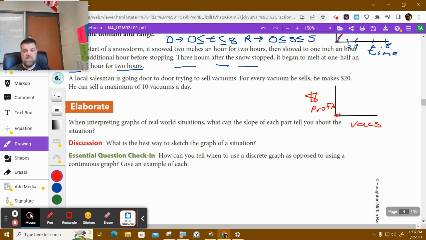So if he sells 0 vacuums, he makes $0. If he sells 1 vacuum, he makes $20. If he sells 2 vacuums, he makes $40. And then 3 vacuums, 4 vacuums, 5, 6, 7, 8, 9, 10 vacuums. If he sells 10 vacuums, he'll make $200.